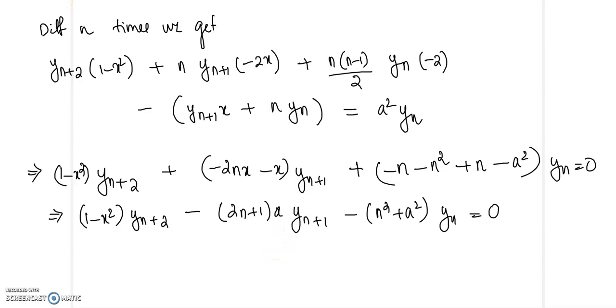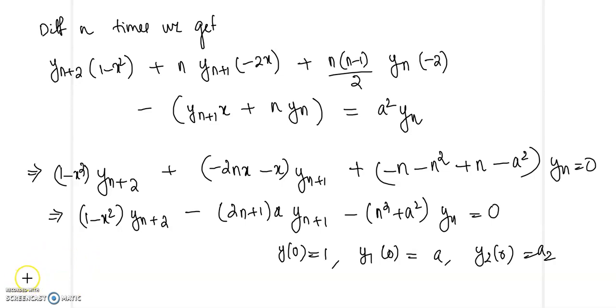Okay. Now let us find the remaining derivatives. The derivatives we have already found are, y at 0 is equal to 1, y1 at 0 is equal to a, and y2 at 0 is equal to a square. Now when n is 1, that will give you y3. Okay, n is 1 and again x is 0.